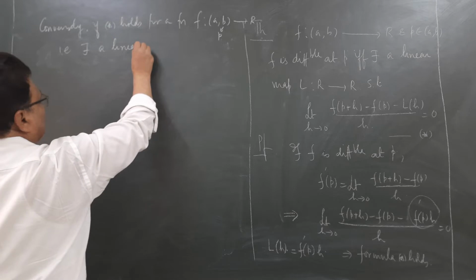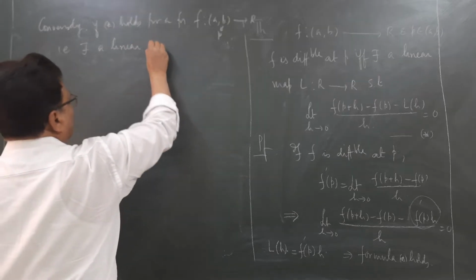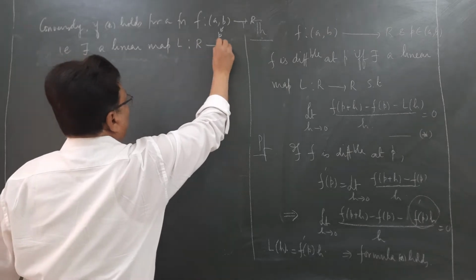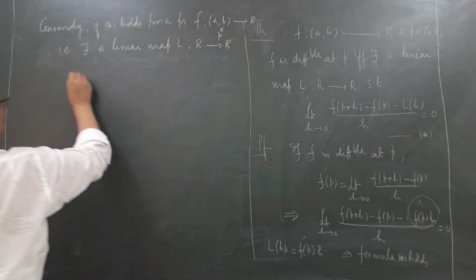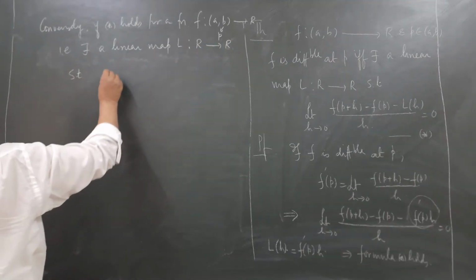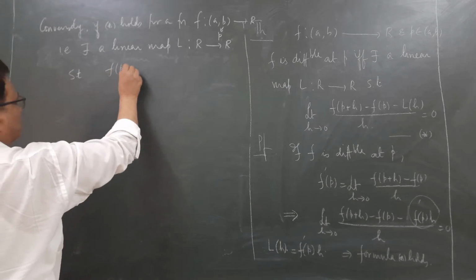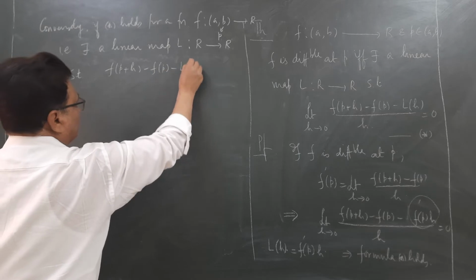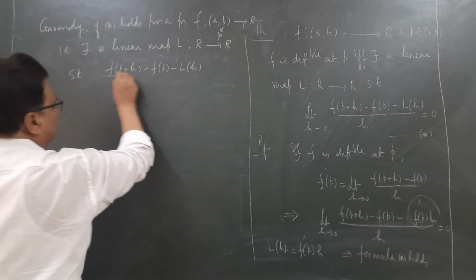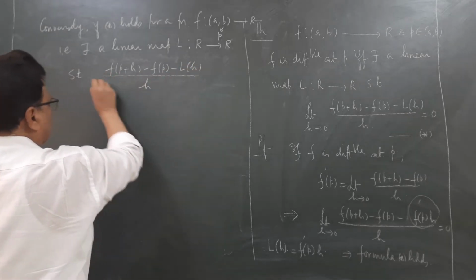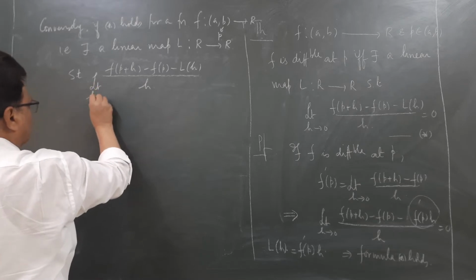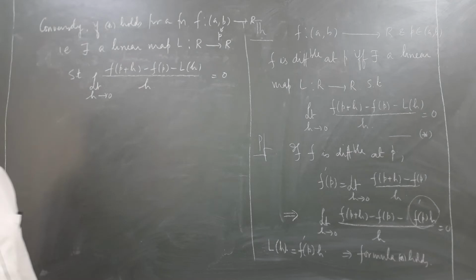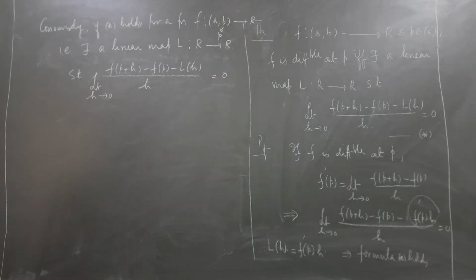We are assuming that there is a linear map L from R to R such that the limit of (f(p+h) - f(p) - L(h)) upon h in the limiting case is 0. This is what I am assuming, that this formula holds.